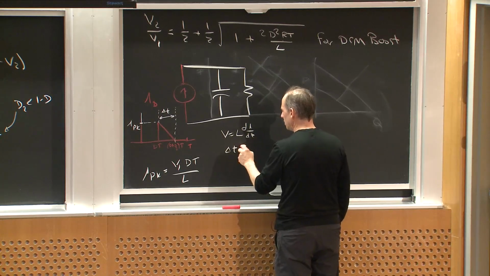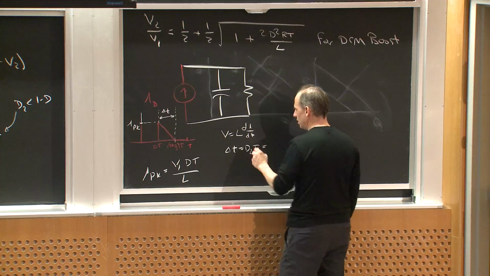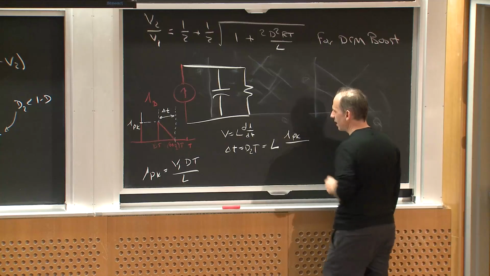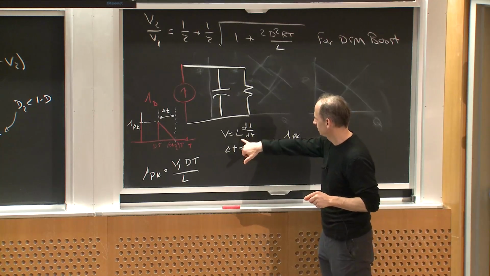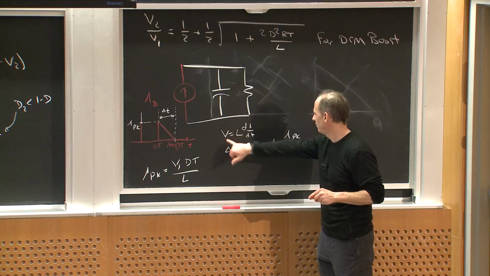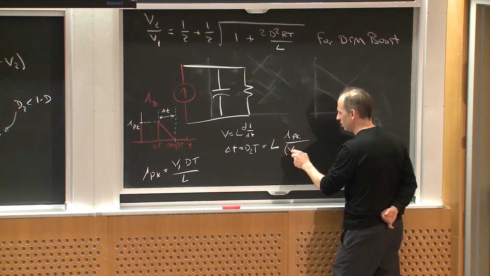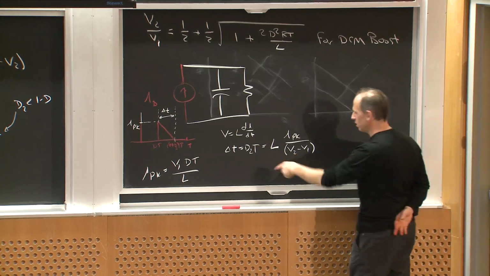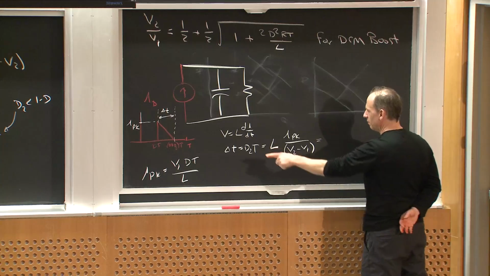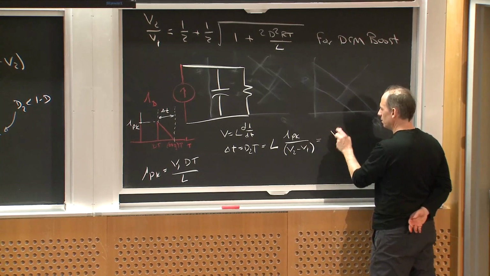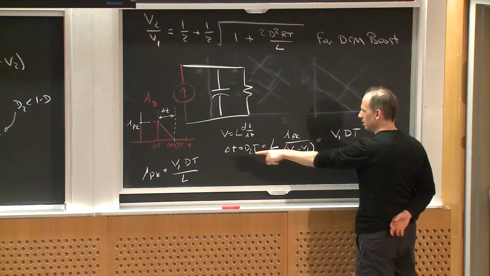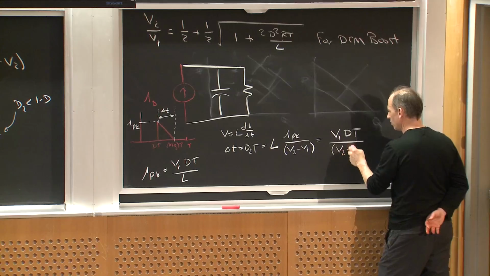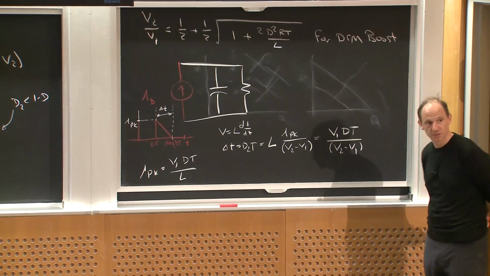So delta t is equal to D2 T is equal to L I peak divided by V, which is V2 minus V1, right? And I can put in I peak here, so that's just going to be V1 DT over L divided by V2 minus V1. Okay? That makes sense to everybody?